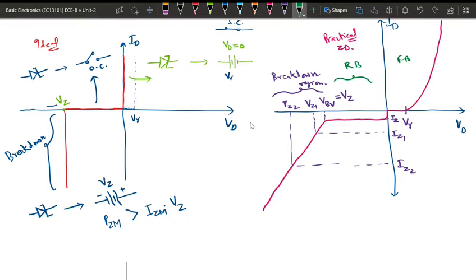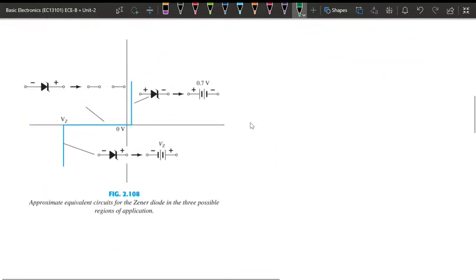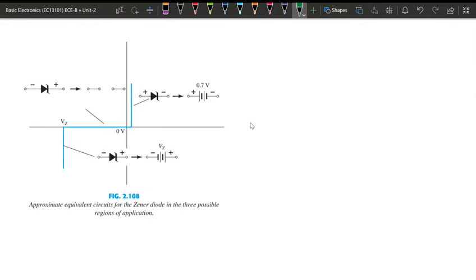The similar case is already given here, so we can analyze that in the forward bias region, it will be equivalent to a voltage source. This is the practical case, where there is a knee voltage, also called cut-in voltage or cut-off voltage.